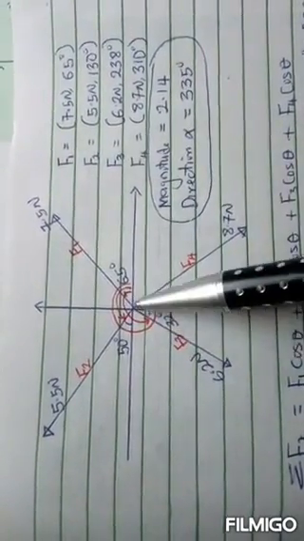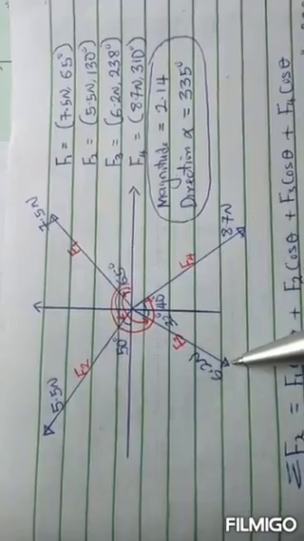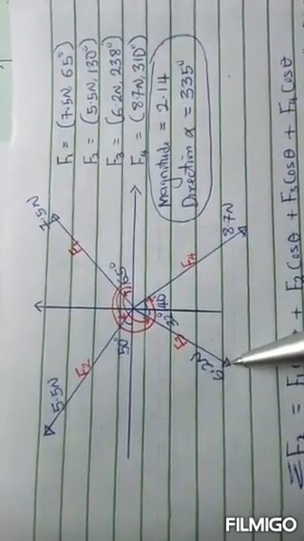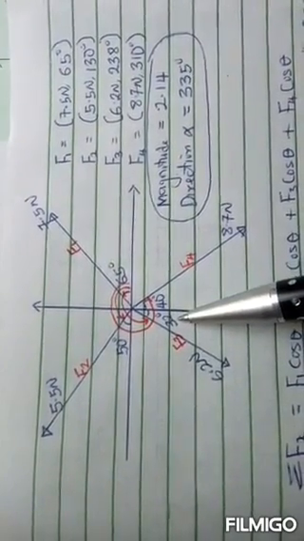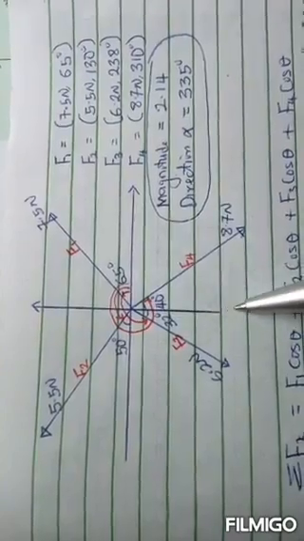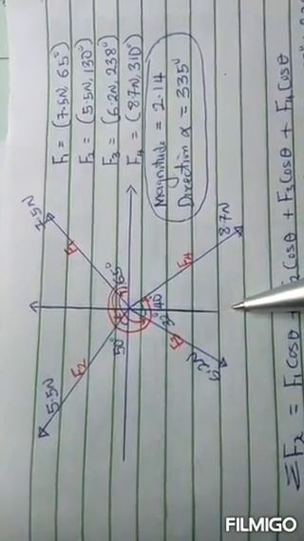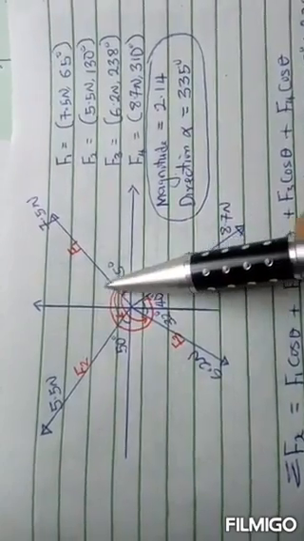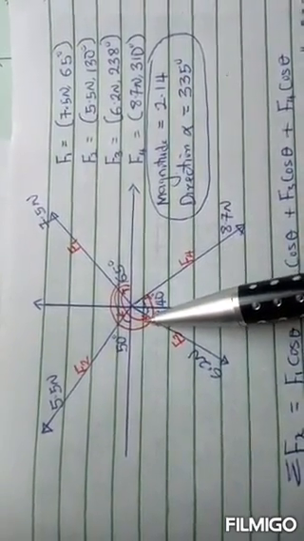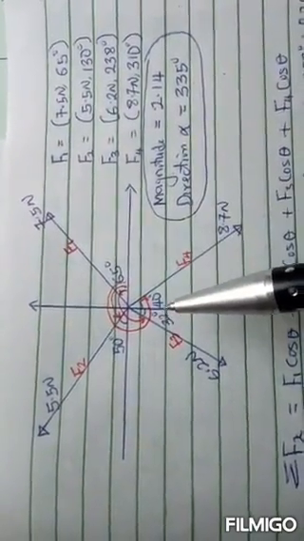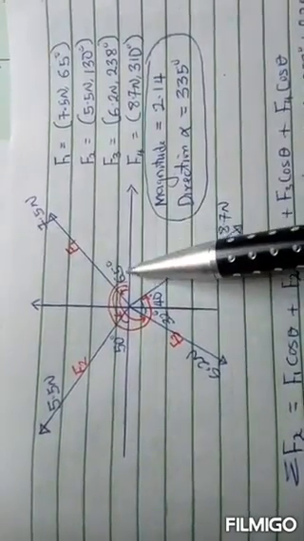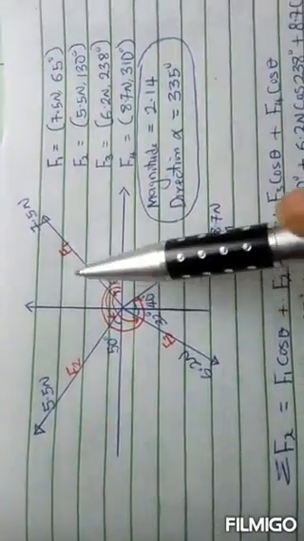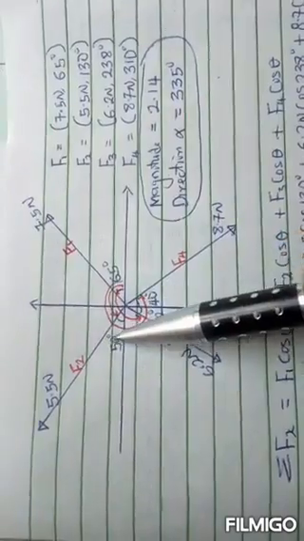Force 3 is in the 3rd quadrant and inclined at 32 degrees with the negative y-axis. So to get the inclination from the positive x-axis, we are going to use 270, because from here down, this is quadrant 1, quadrant 2, quadrant 3.